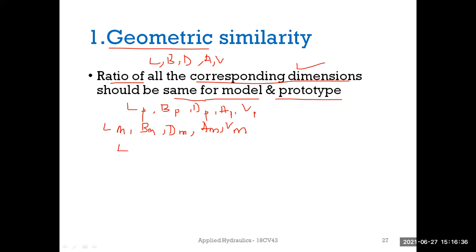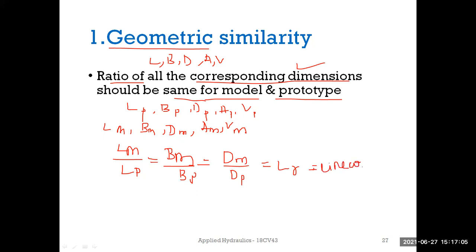The ratio of these linear dimensions, that is, the length of the model to the length of the prototype, or the width of the model to the width of the prototype, should be the same. That is, all the ratios of linear dimensions should be the same, where all these are represented by Lr, which is called the linear scale ratio.